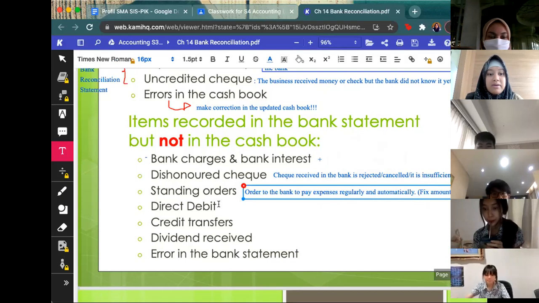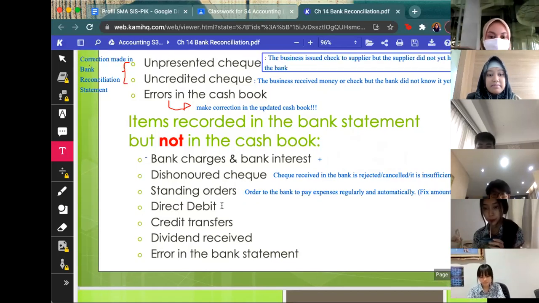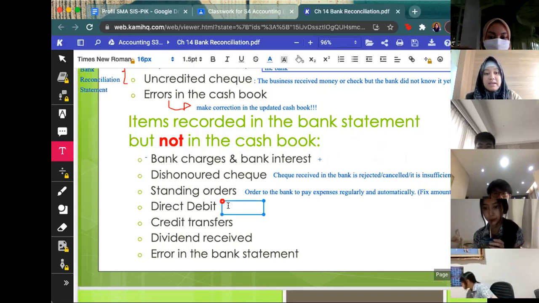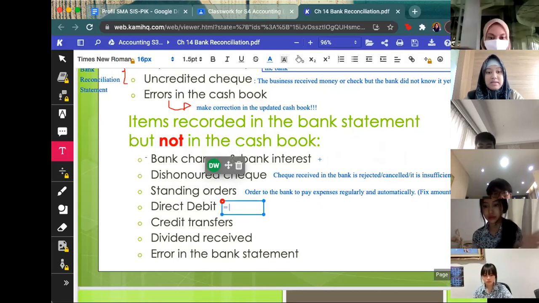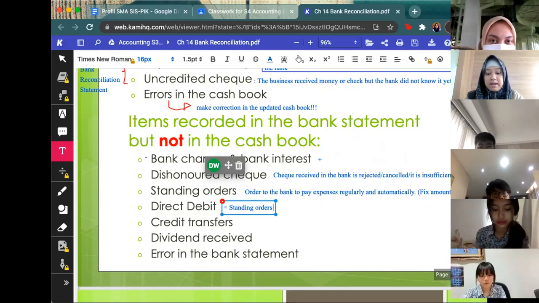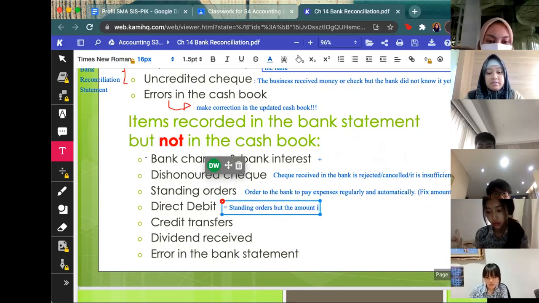Now, direct debit is the same as standing orders, but the amount is not fixed or the same.